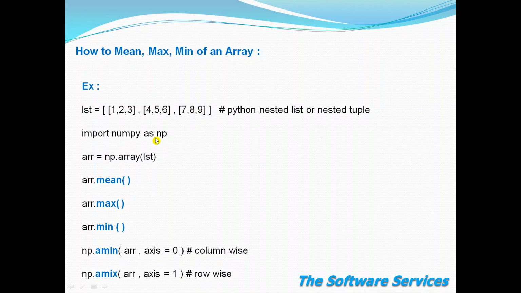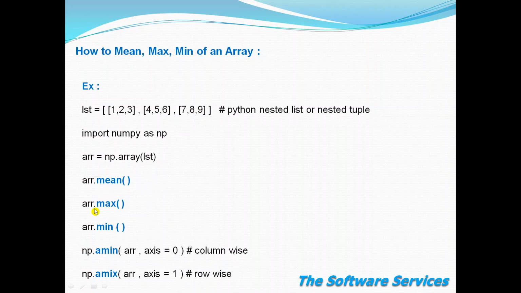So after importing NumPy as np, passing this list to the array method and storing it in a variable arr, we need to call the mean method on that object, arr dot mean. If you give it like that, it will automatically calculate the contents available in the arr variable and display the result.